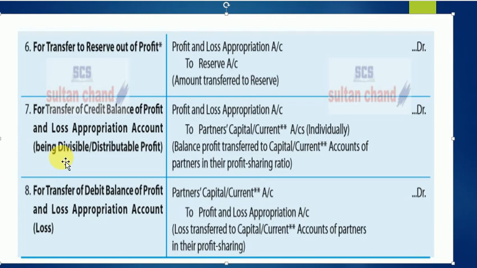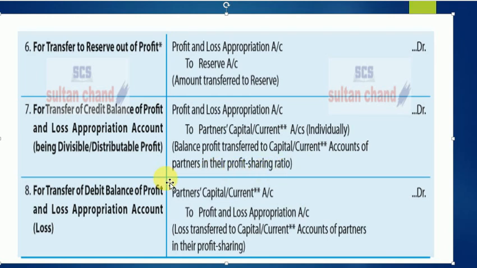So there has to be a difference. That is net profit, and this is called net divisible profit. The entry to transfer this to partners is: Profit and loss appropriation account debit to partners capital account, being profit transferred or credited to partners in their profit sharing ratio.